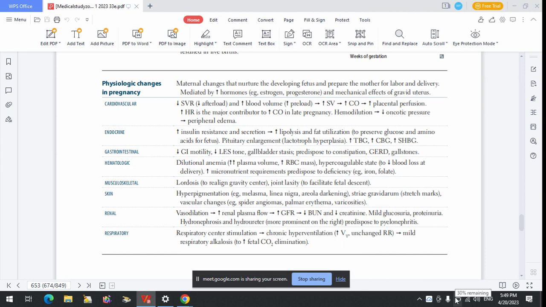Is it left ventricular failure? Okay, right. It's right ventricular failure. So you don't give it to someone with right ventricular failure. You are just going to be increasing the burden on the left.